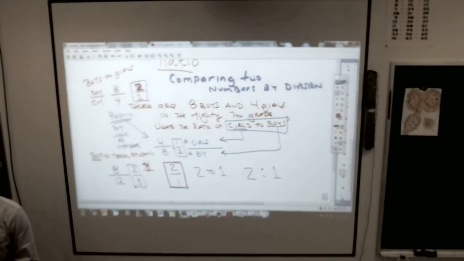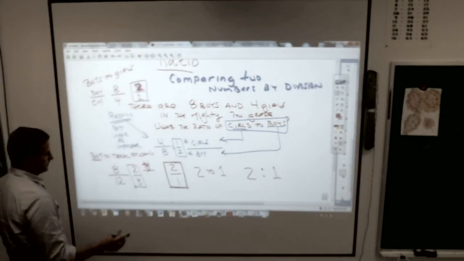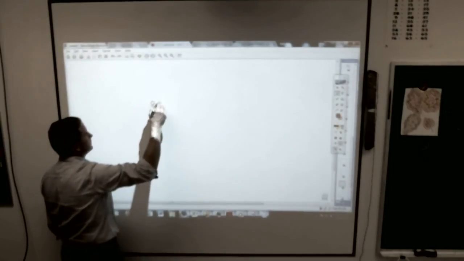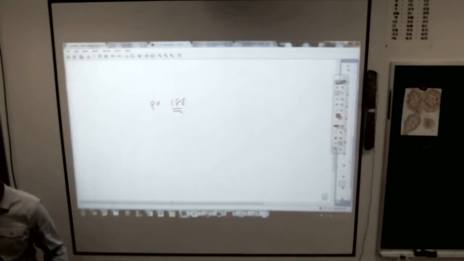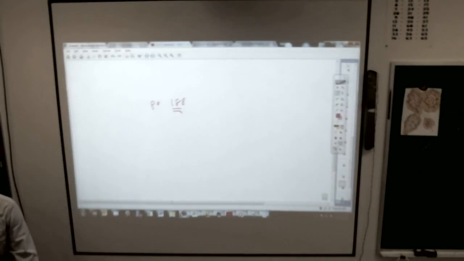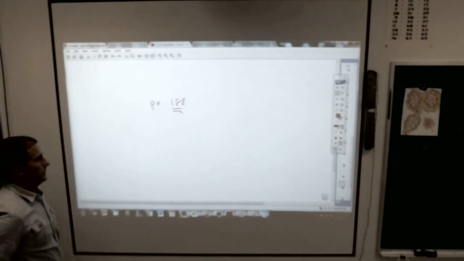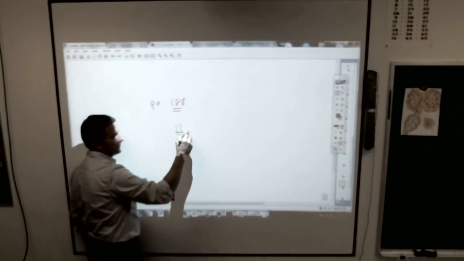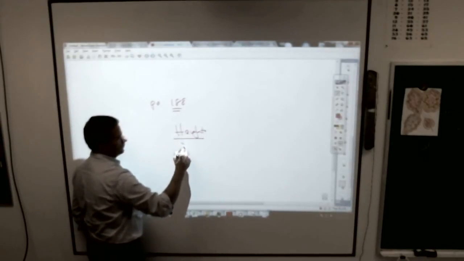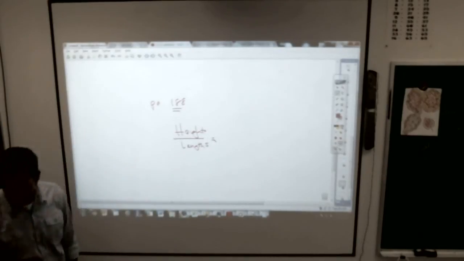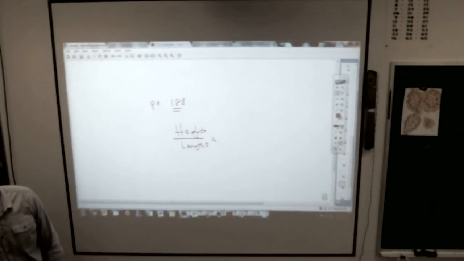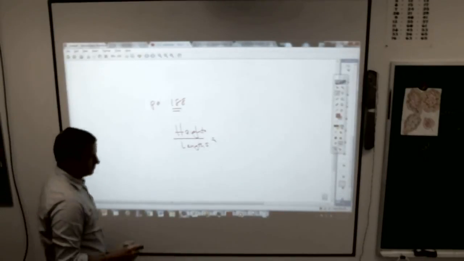Another example: look in your books at page 188. See if we can quickly answer a couple of ratio problems from the practice. For example, letter C. What is the ratio of the height of the flagpole to the length of the shadow? Again, make sure you put the height over the length of the shadow. They give you that information. The height of the flagpole is 20 feet.